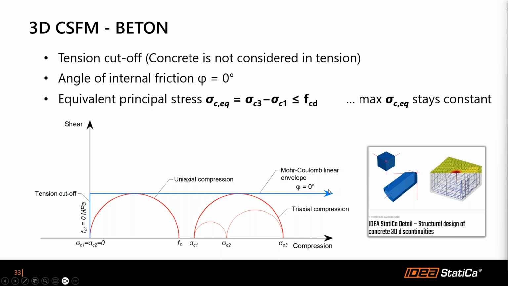The practical consequence of introducing a 0 angle of internal friction is that the maximum possible difference between sigma C3 and sigma C1 remains constant for any value of sigma C3, and the value of sigma equivalent, the equivalent principal stress, can therefore be directly compared with the uniaxial compressive capacity of concrete defined by the standards.